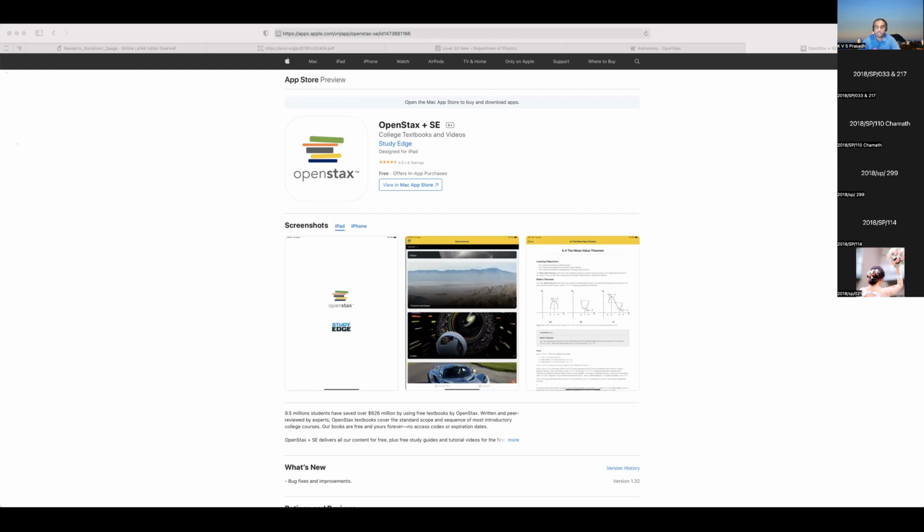So what I was explaining is there is this app called OpenStack Plus SE, which you can download for your mobile phone if you like. Once you download it, you can actually use this book from the app as well.